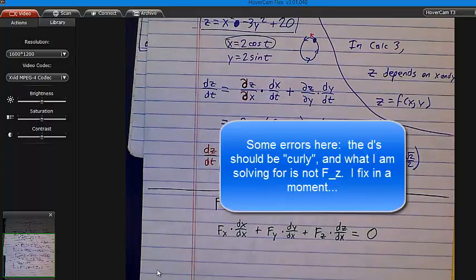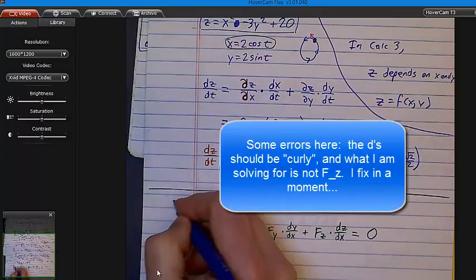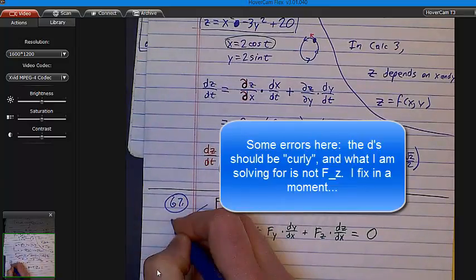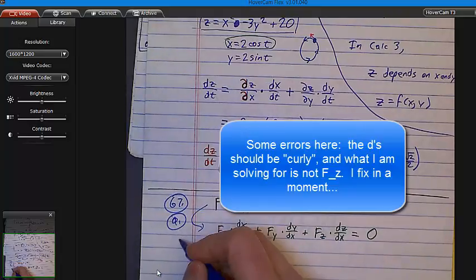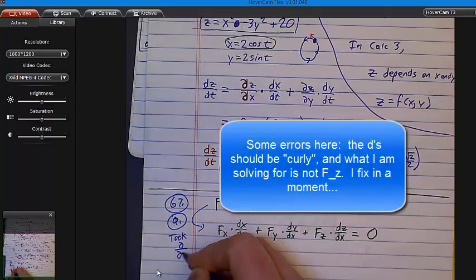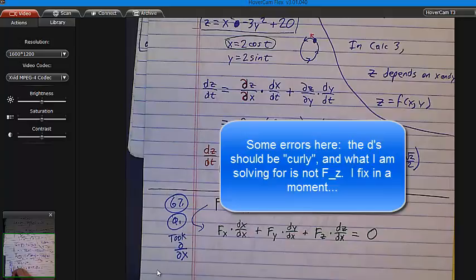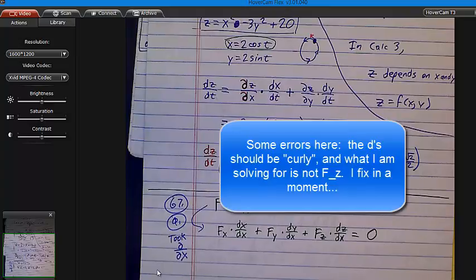So let me explain what I did here. This is number 67 on the homework, part A. I took what of both sides? Partial derivative with respect to x. Why didn't I write any other curlies? Because I thought it would be a lot cleaner if we just wrote capital F with a subscript. You guys okay with that?